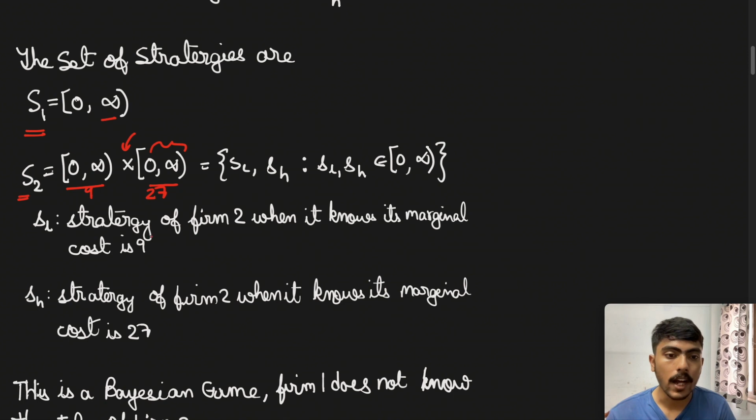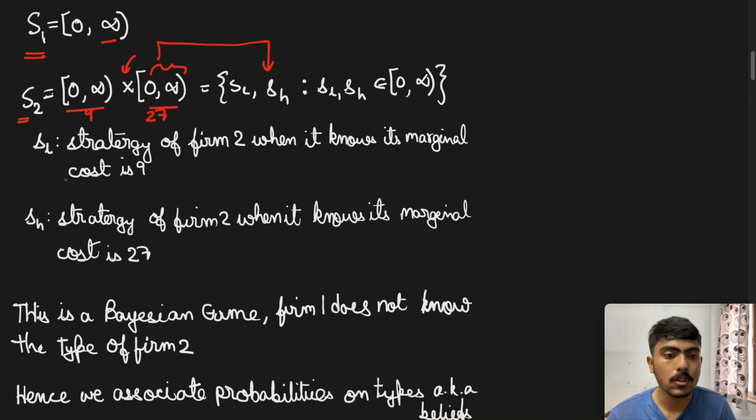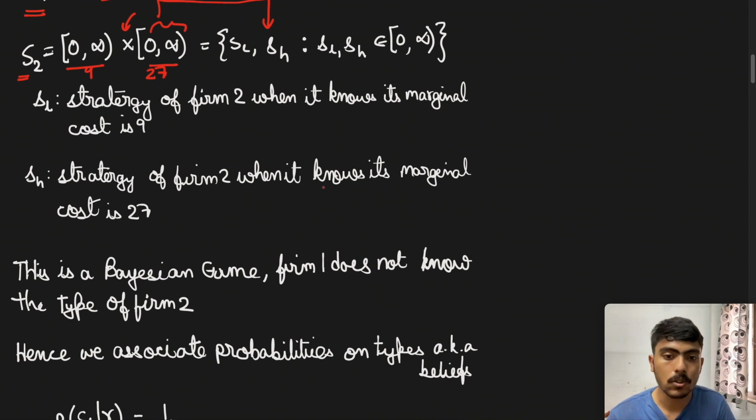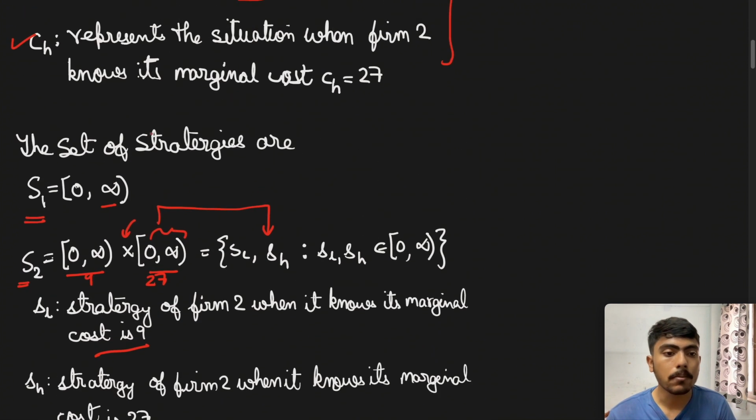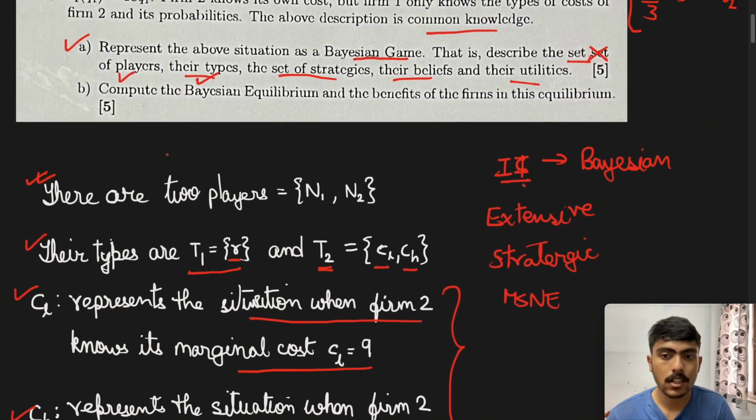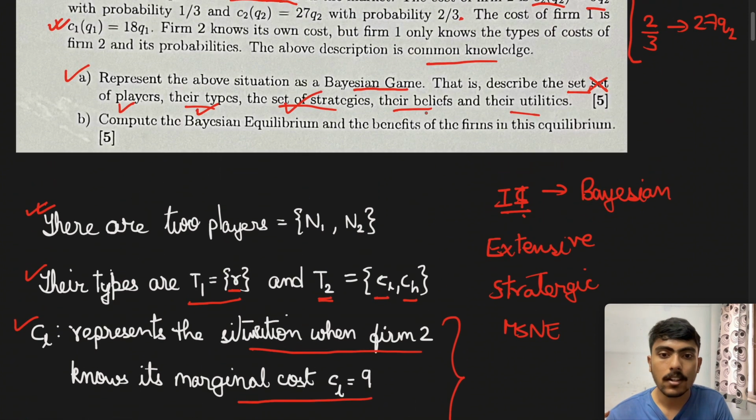We can further denote this as SL and this as SH, meaning the selling price at the lower marginal cost and at the higher marginal cost. So this is the strategy for firm 2 when its marginal cost is 9 and when it is 27. Fine, so we have come down to the strategies of the players and this is complete.